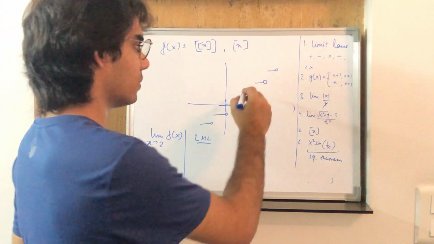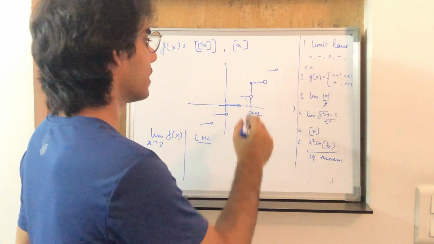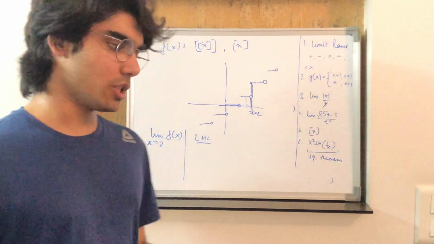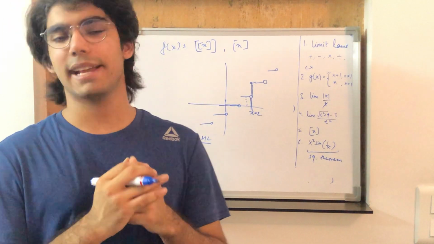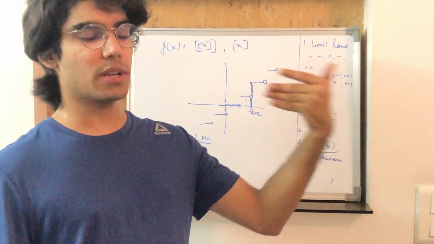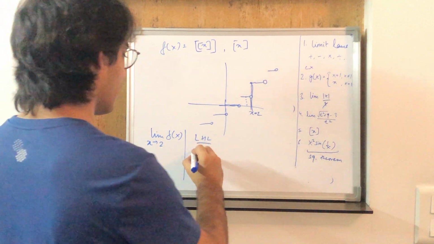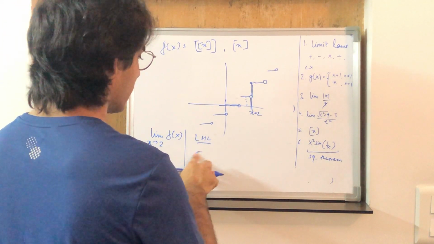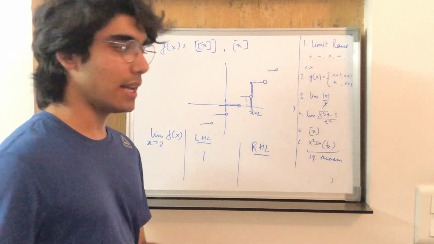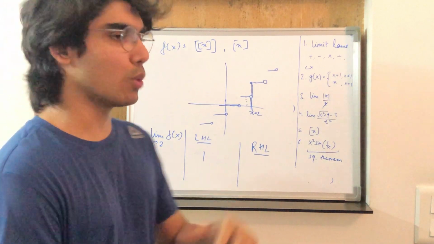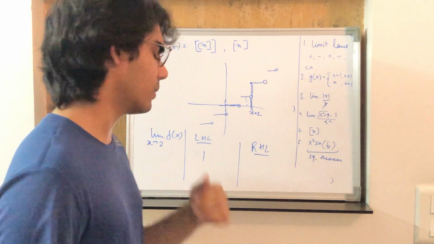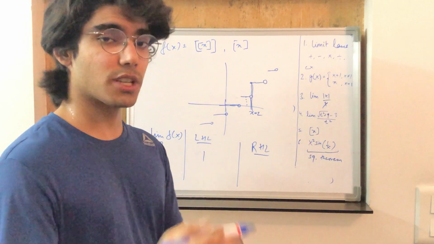At x is equal to 2, which is right here, I see when the limit approaches from the left-hand side, which is going to be like 1.99999, when I plug that into the function, that's going to bring me all the way to 1, right? So the left-hand limit as x approaches 2 is going to be 1. For the right-hand limit, however, when x is approaching 2, it's going to be 2.00001, something, or super close to 2, but not exactly 2. That's going to take it left, and the left is going to be 2.